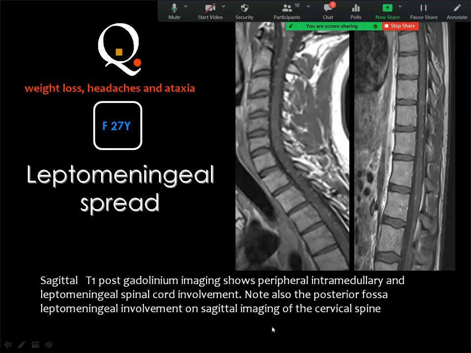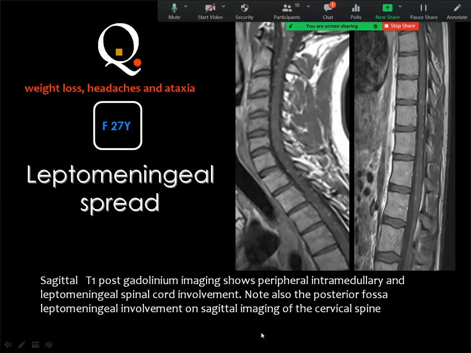Leptomeningeal spread is the appearance of one of four conditions: two inflammatory conditions, which are TB and sarcoid, and two neoplastic conditions that include lymphoma and metastasis.